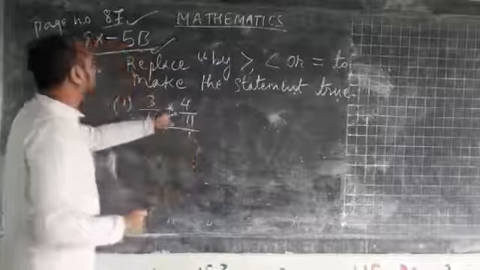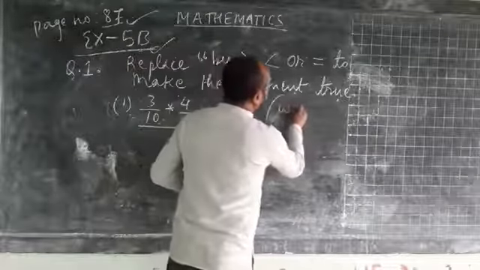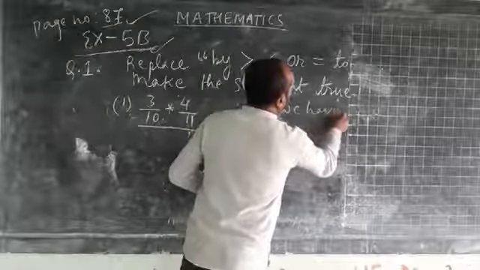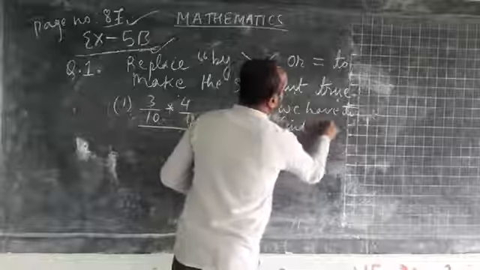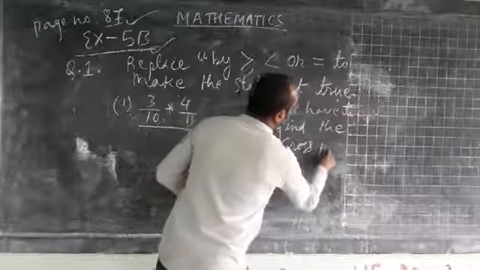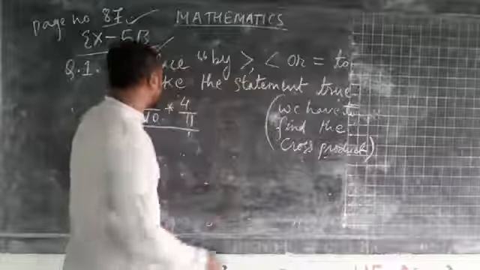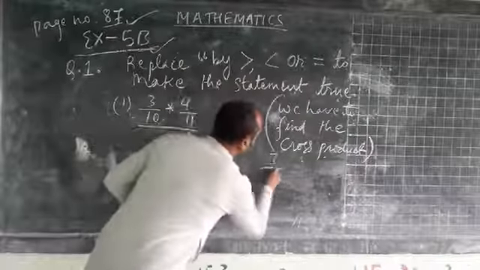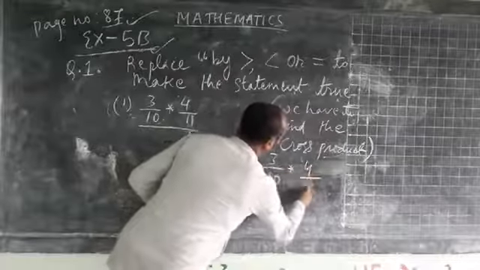So in order to do that, first step, what we have to do? We have to find the cross product. Now how to find this cross product? Suppose a number is given, 3 by 10 and 4 by 11.